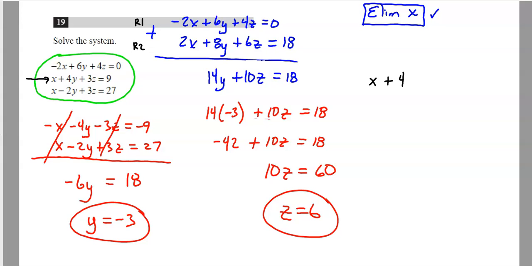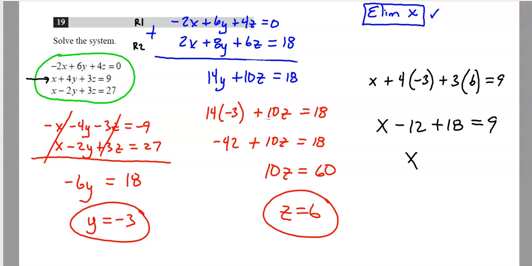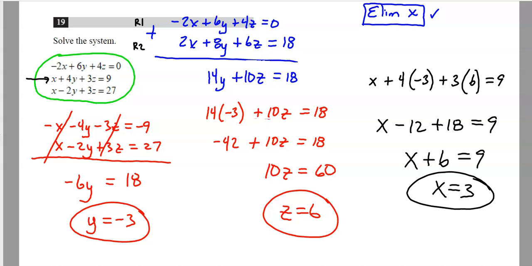X plus 4 times y plus 3 times z equals 9. So that's x minus 12 plus 18 equals 9. That's x plus 6 equals 9. Awesome. So final answer, written as an ordered triple.